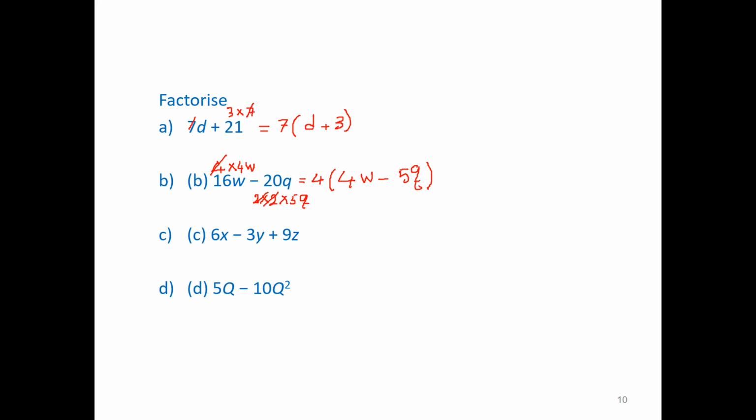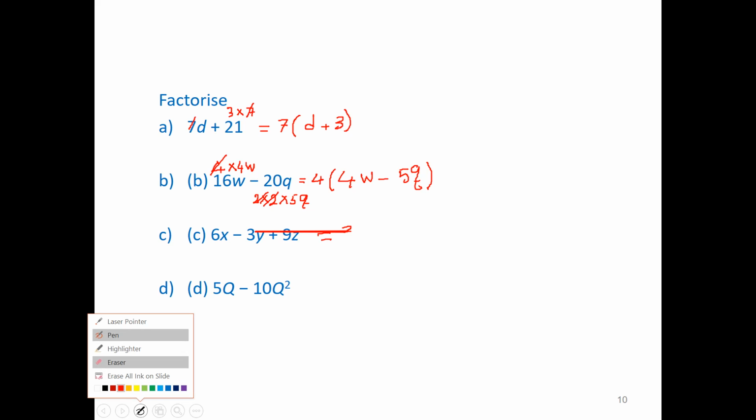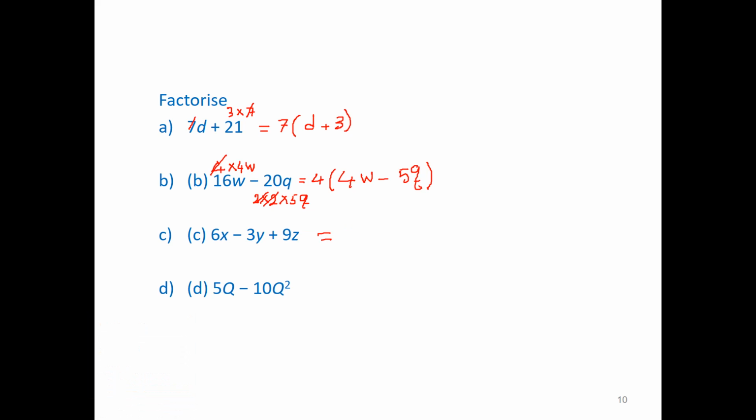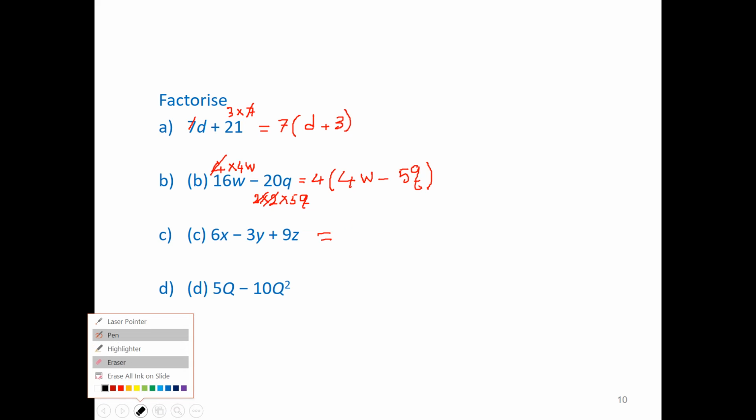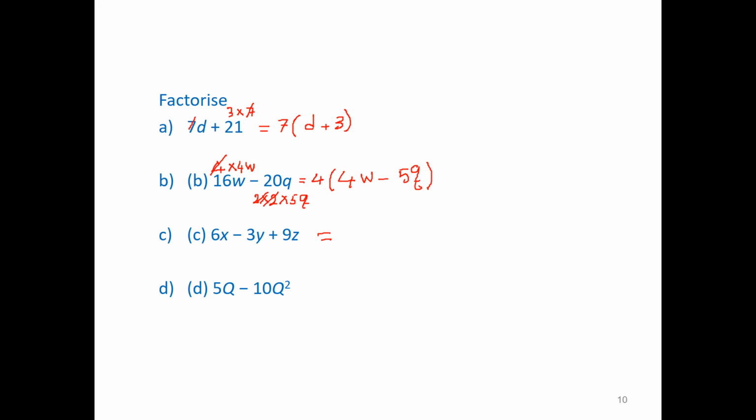The third question, the common number is 3. And then you open a bracket. The remaining will be, because 6 is 2 times 3, so the remaining will be 2x. And from the second term is minus y. And from the third term is 3z.